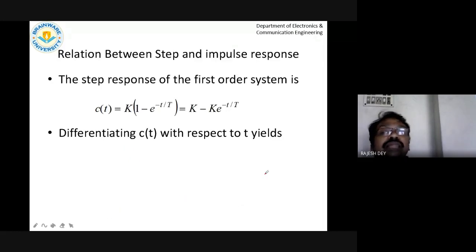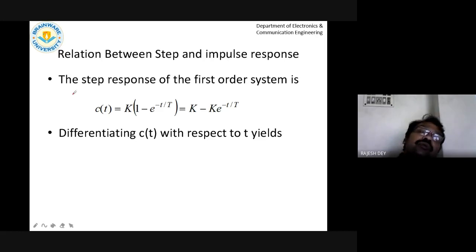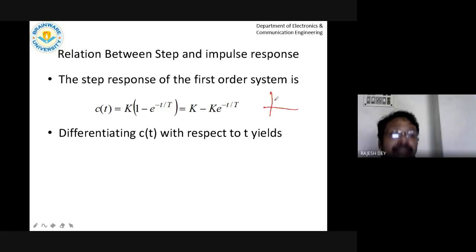Now what is the relationship between the step response and impulse response? Anybody can say? If you differentiate the step, we get the impulse. Yes or no? Yes, sir.